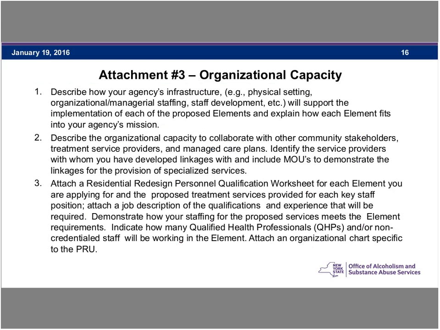Attachment 3 of the application looks at organizational capacity. It's asking you to describe how your agency's infrastructure, the physical setting, organizational managerial staffing, and staff development will support the implementation of each of the proposed elements and explain how each element fits into your agency's mission.